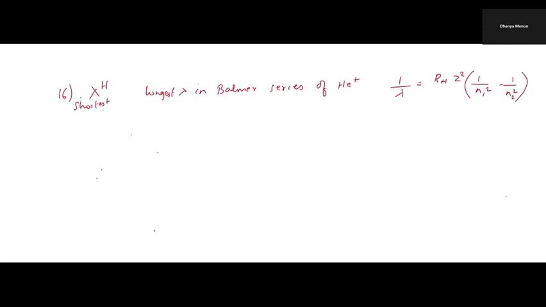Please remember students, shortest wavelength means longest transition. Infinity to 1, the longest transition, will give the shortest wavelength and vice versa.